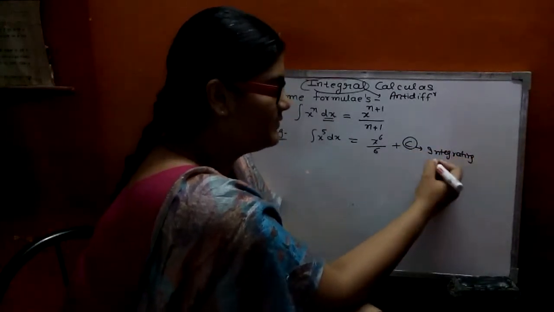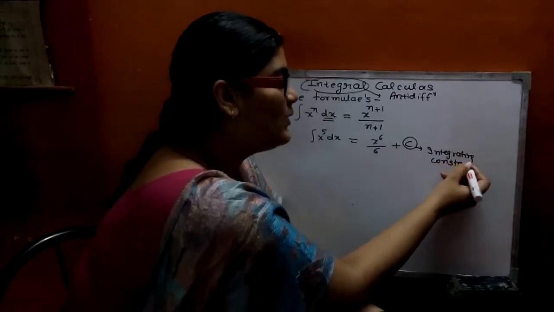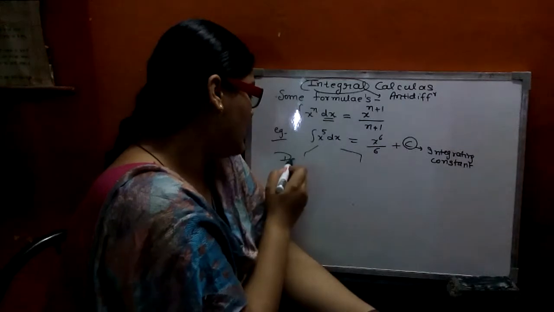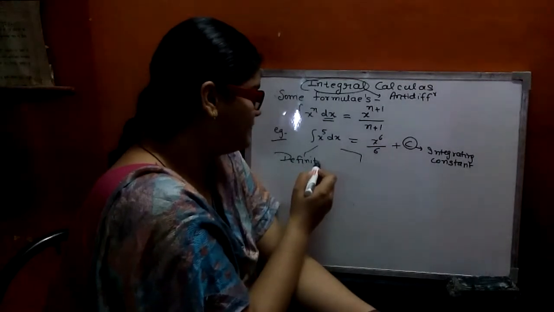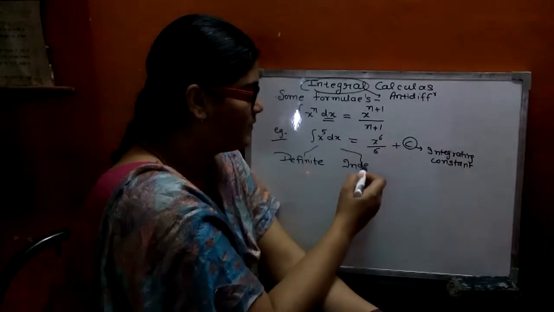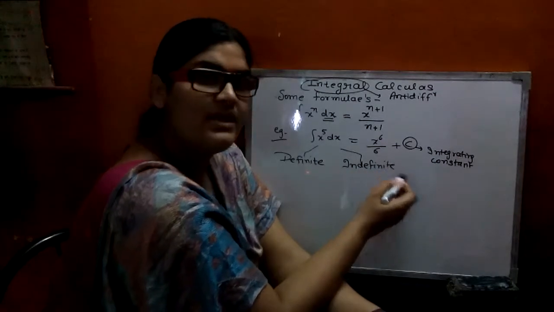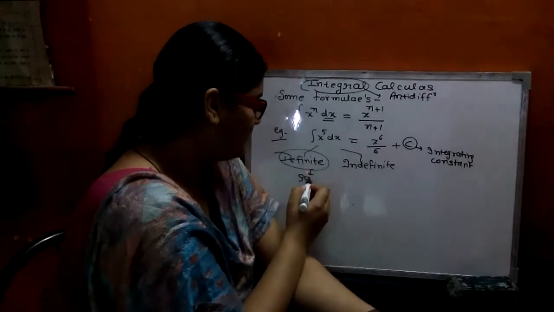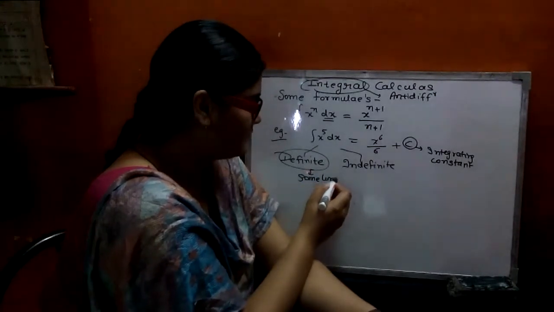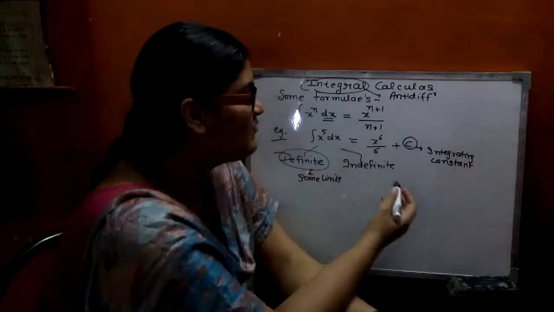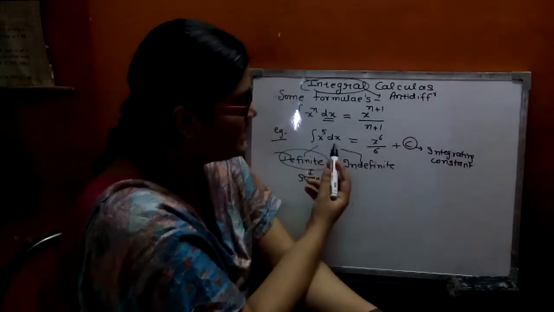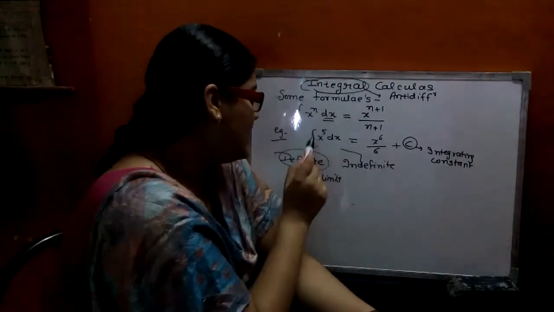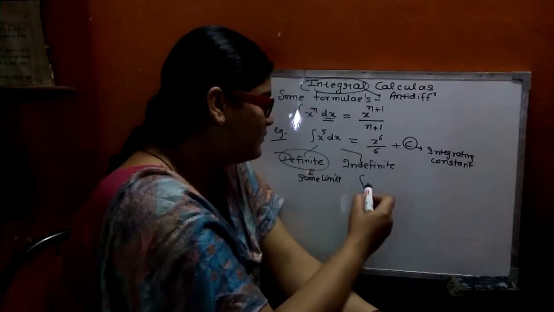There are basically two types of integration: definite and indefinite. Definite integration has some limits, whereas indefinite integration does not have any limit.